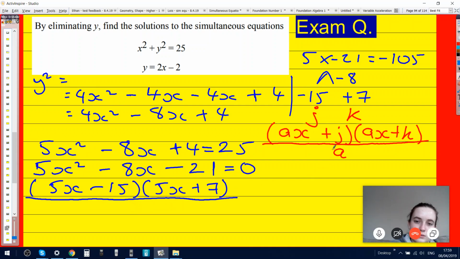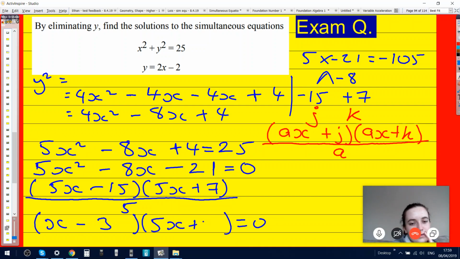Oh, wait, no, it's over 5. Which one of these can be divided by 5? Minus 15. So what do you get? X minus 3. And that one stays the same.